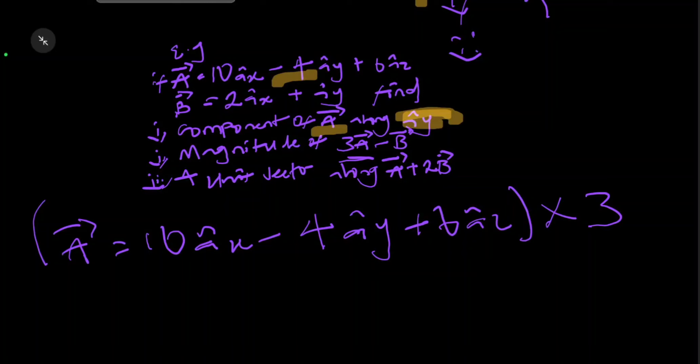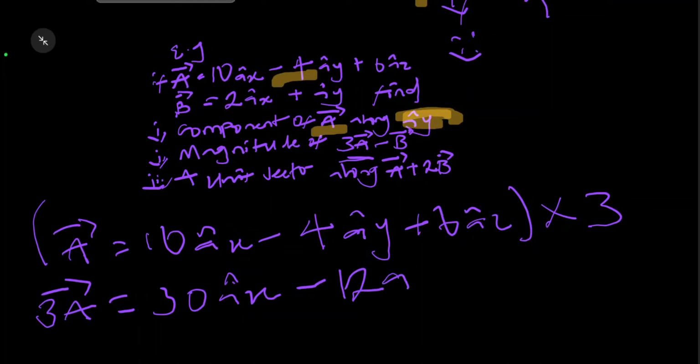If we multiply the whole equation here by 3, we have 3A vector equal to 3 times 10, which is 30. Let's not forget our unit vector here, minus 3 times 4, we have 12, plus 3 times 6, we have 18. Let's not forget to write our unit vector right here.